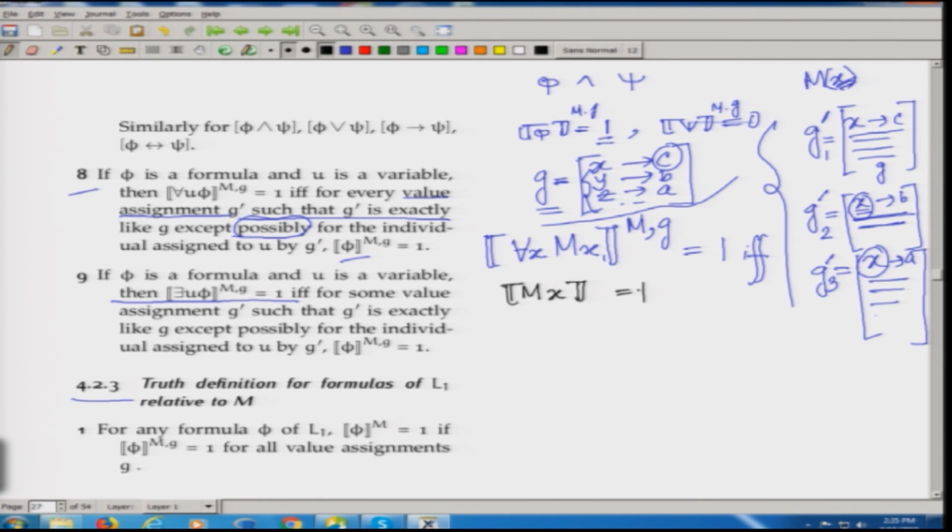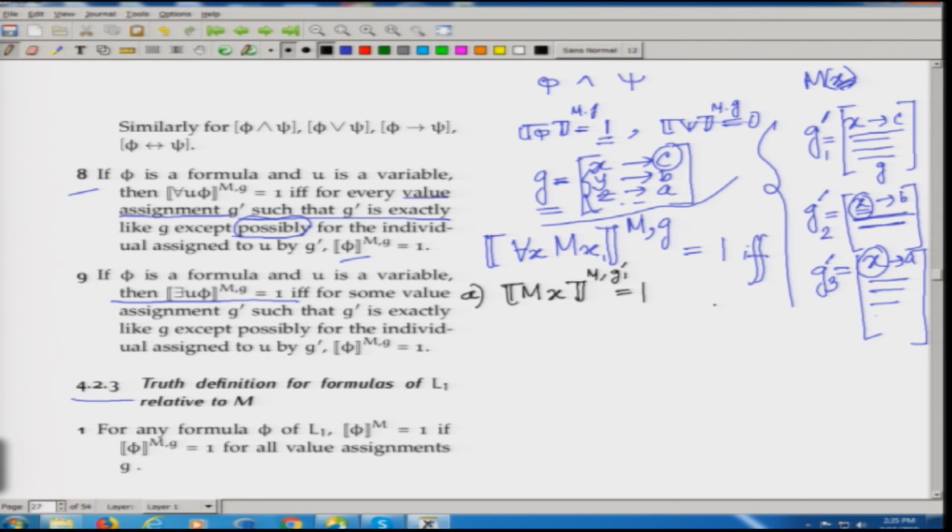So, we check all our cases. This is our first checking case. Our first variant is g prime 1, which is g itself. Now, you see it assigns, like g, it assigns c to x.